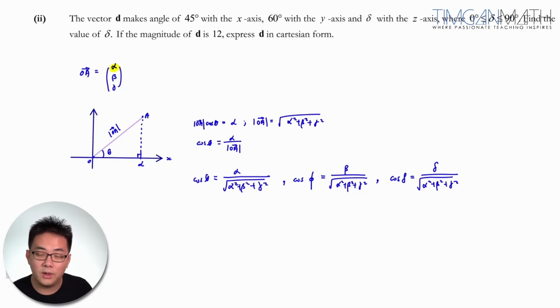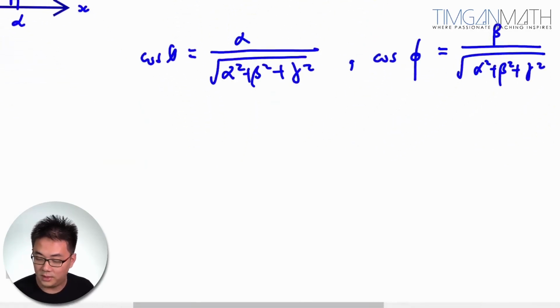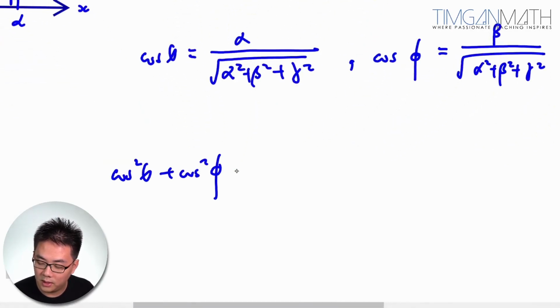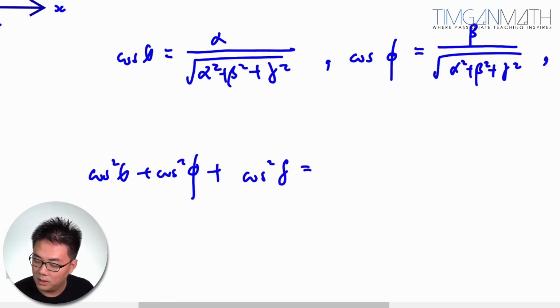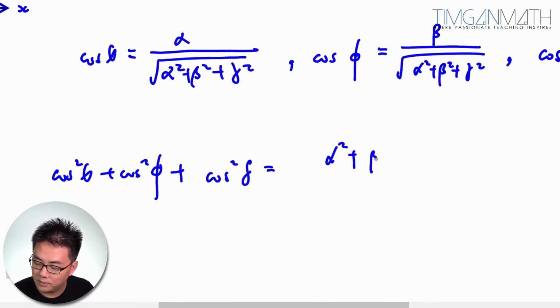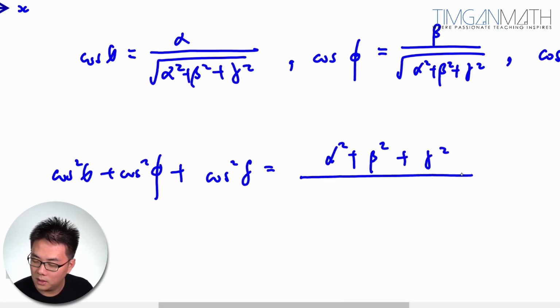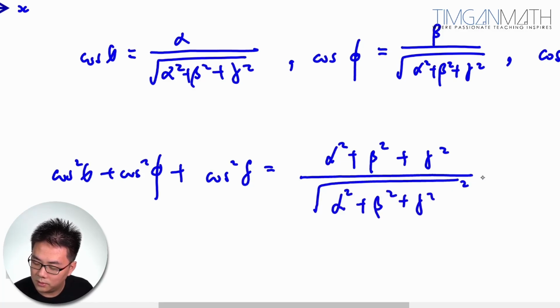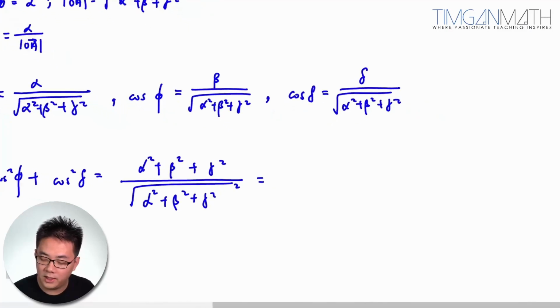Then the rest is to find the value of cosine squared theta plus cosine squared phi plus cosine squared sigma. You just square everything and add it up.